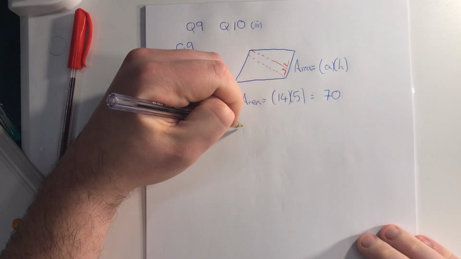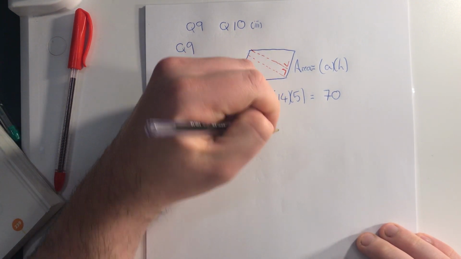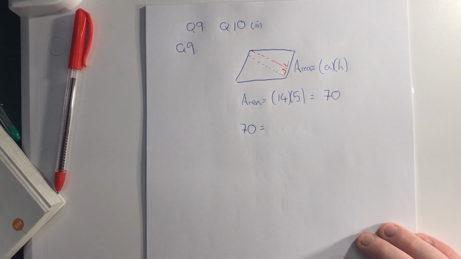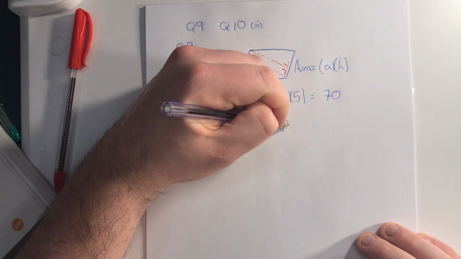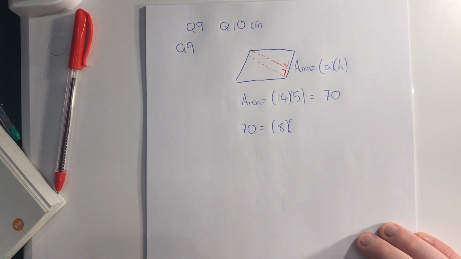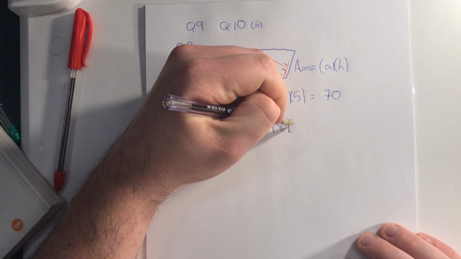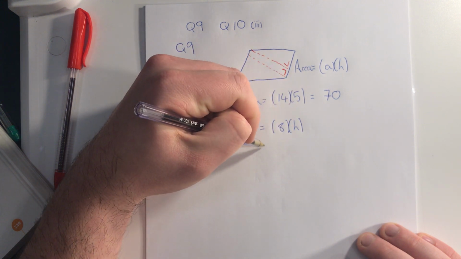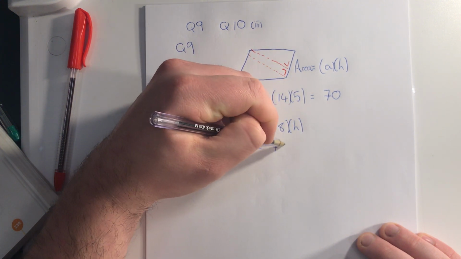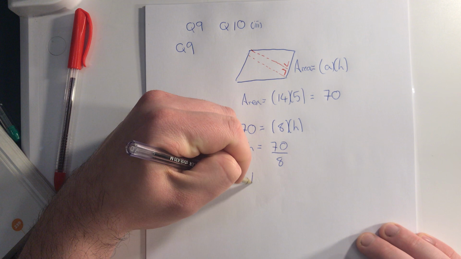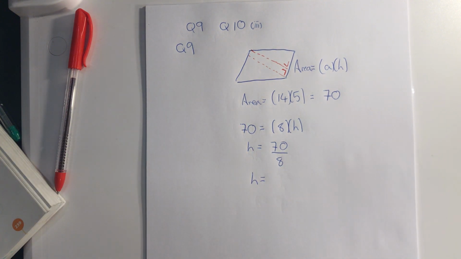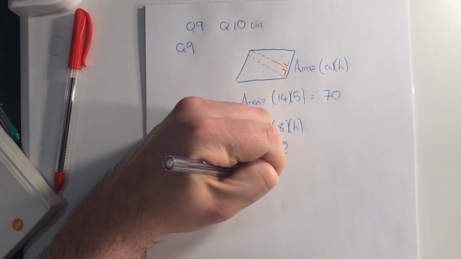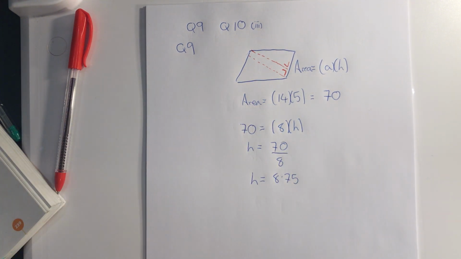So therefore 70 should equal the base we're talking about this time, which is 8, multiplied by the perpendicular height, which is the perpendicular distance from A to DC. So that's going to be by H. So H is equal to 70 divided by 8. H will equal 8.75.